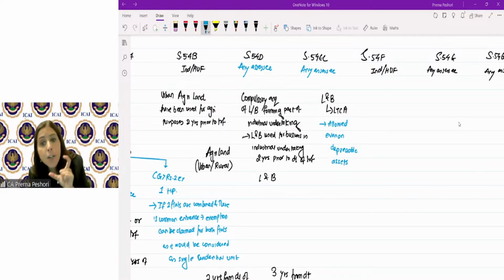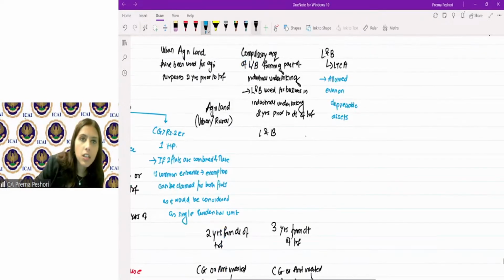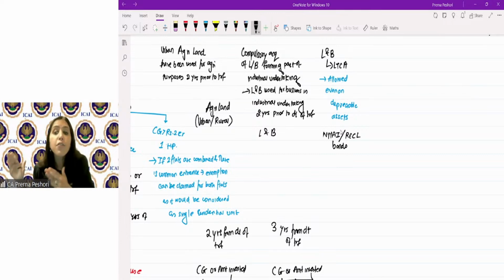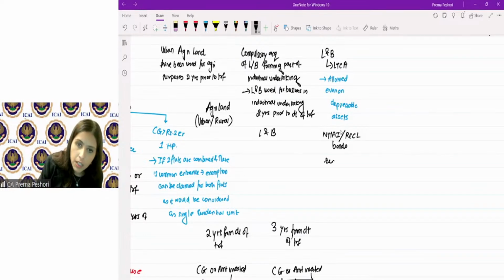Now, what is a specified asset which is to be purchased? The specified assets to be purchased are the specified bonds. Now, what are the specified bonds? NHAI bonds or RECL bonds, which are redeemable after 5 years.